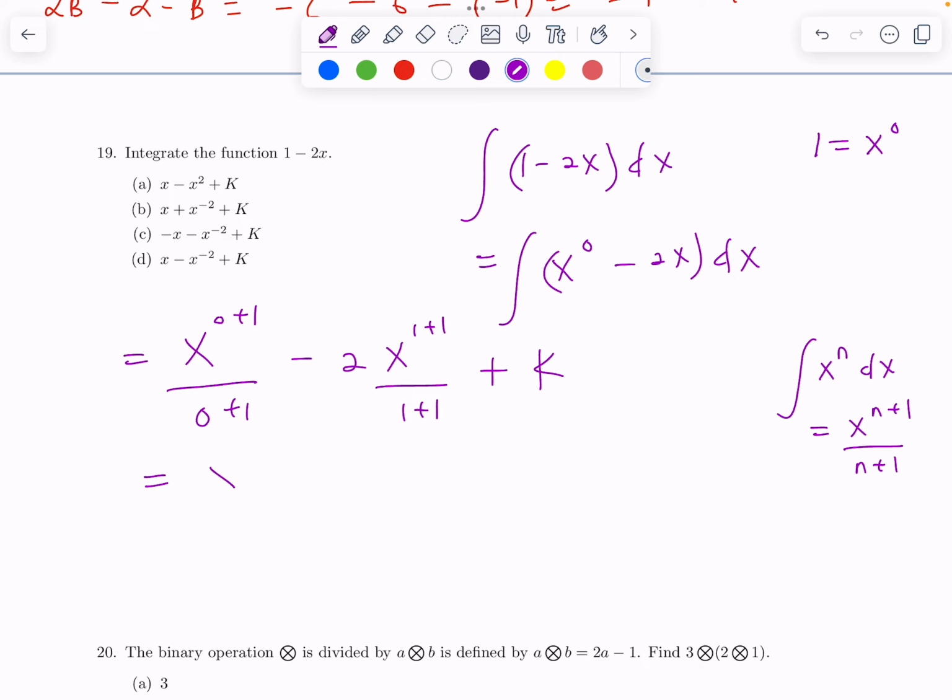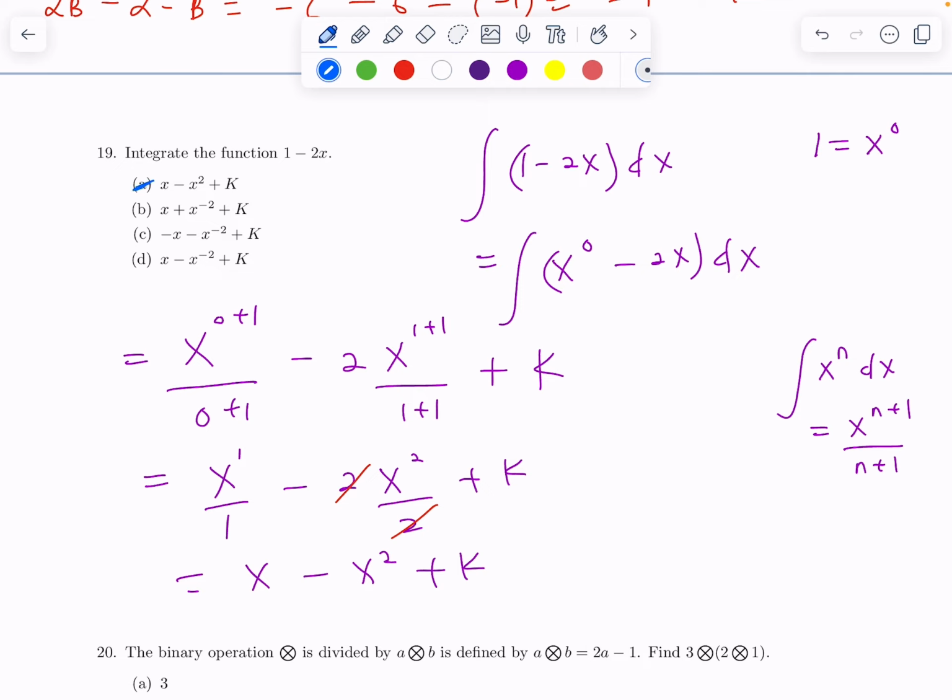So this is just going to be x divided by 1, minus 2x squared divided by 2, plus k. If you simplify, you get x minus x squared plus k, right? Because this 2 here cancels this 2 here, and x to the power of 1 is just x. So the solution here is just A.